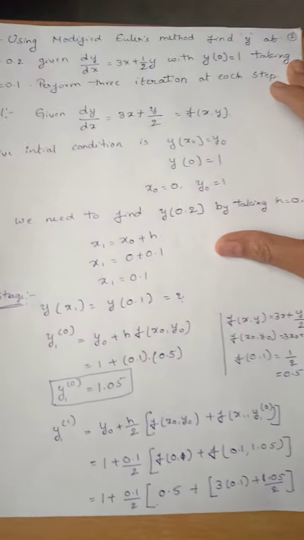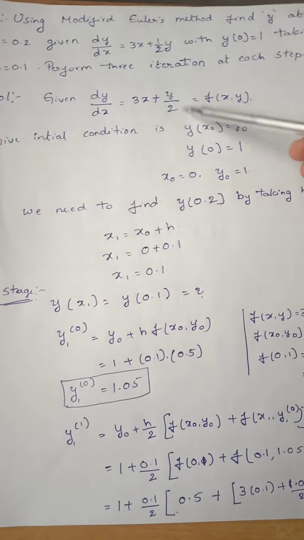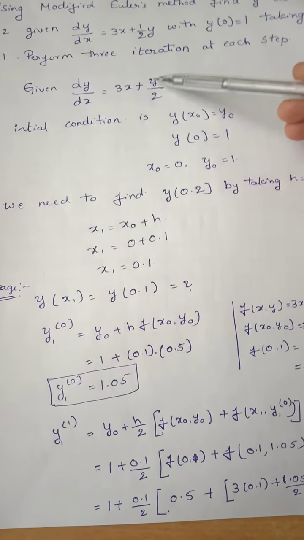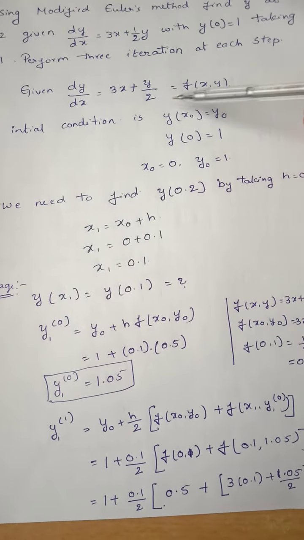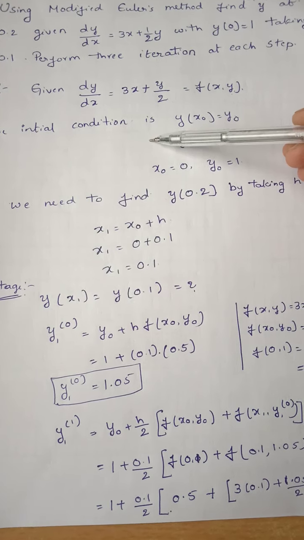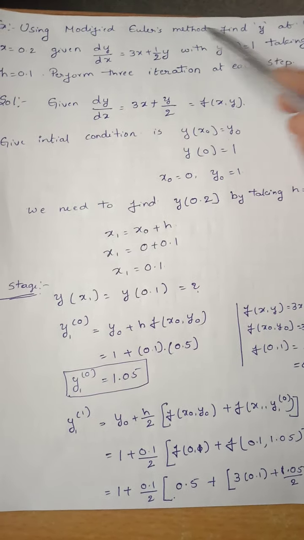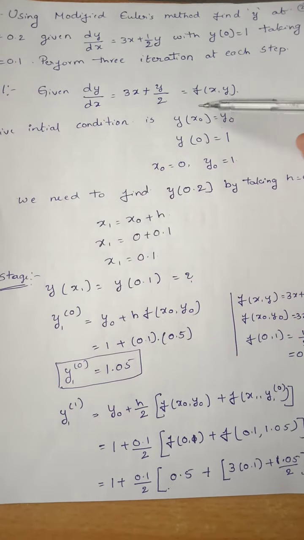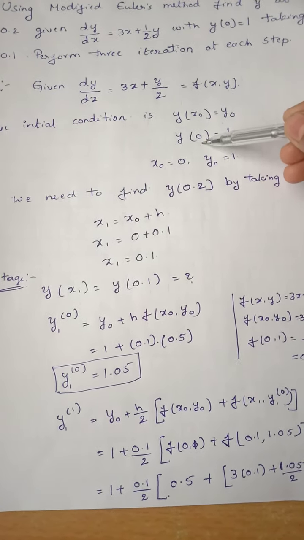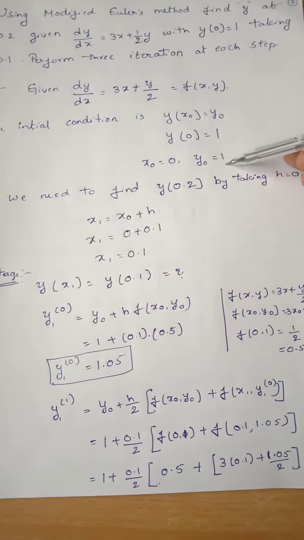Now how to solve the problem: first write the given differential equation, dy by dx is equal to 3x plus y by 2. That is your f of x comma y. The initial condition they gave is y of x0 is y0. Y of 0 is 1, which means the term inside the bracket is your x0 and this is your y0.